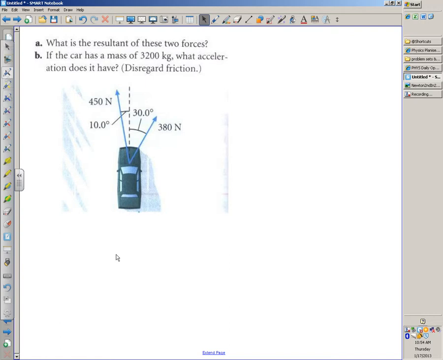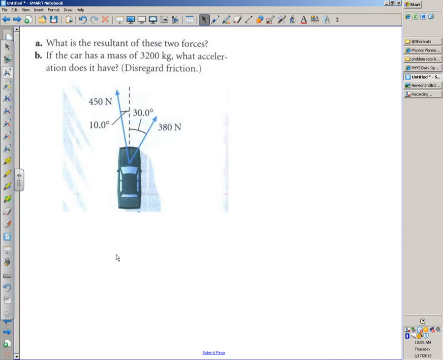We are looking at this car from the top view. That might make a difference when we start going to do the free body diagram. So two questions. A, what is the resultant of these two forces? And then B, if the car has a mass of 3,200 kilograms, what acceleration does it have?